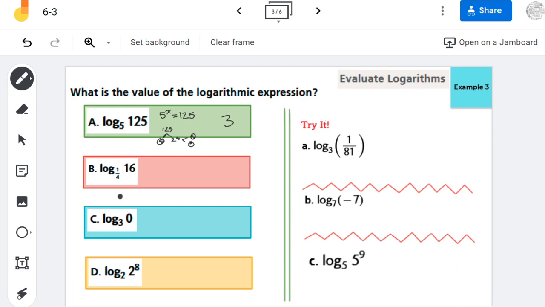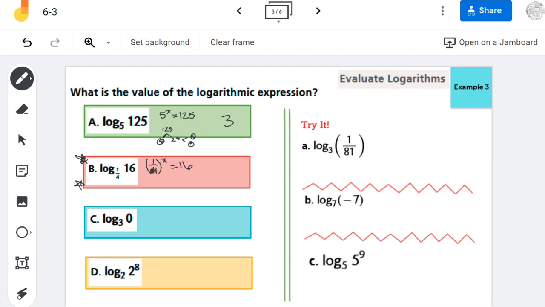Now part B tends to be a little bit more important for us to understand. In this case, when I go to write my exponential for this, I have 1/4 to the x is equal to 16. So there's a couple of things to see here. Firstly, I have a fraction being multiplied times itself repeatedly.